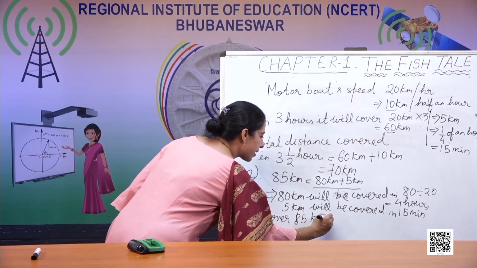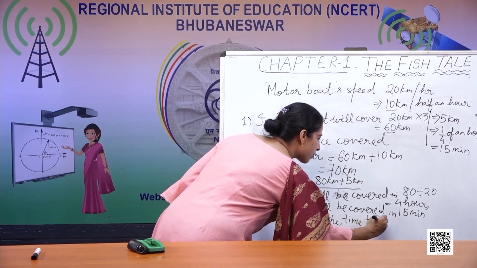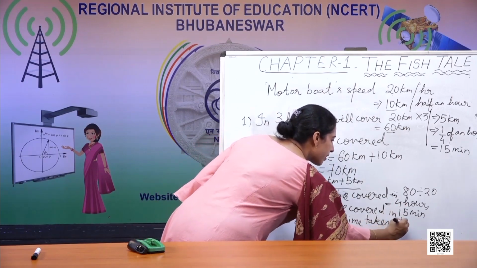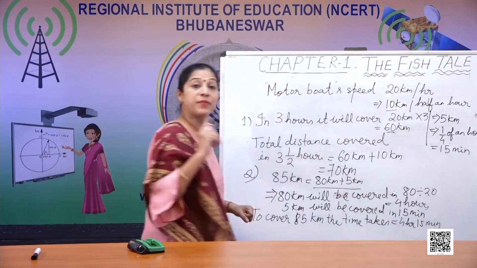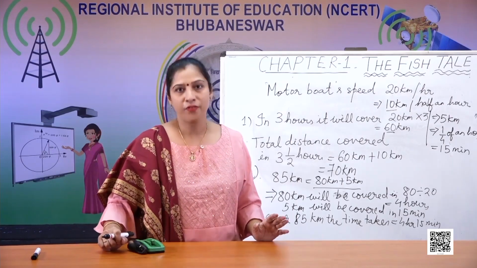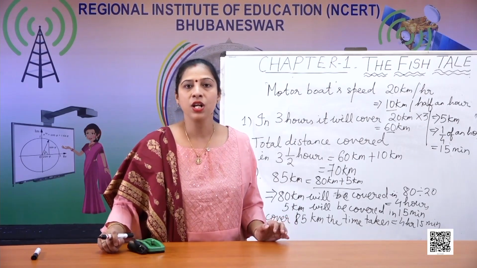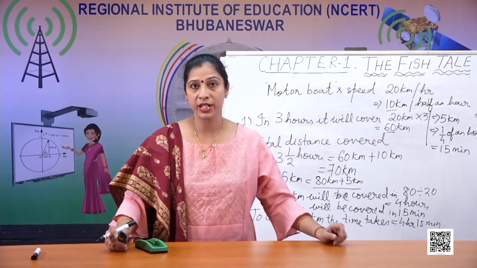We will just add, the time taken is equal to 4 hours 15 minutes. So the total time taken is 4 hours and 15 minutes. Quite fast compared to the logboat. Now this is the motor boat which we are talking about.